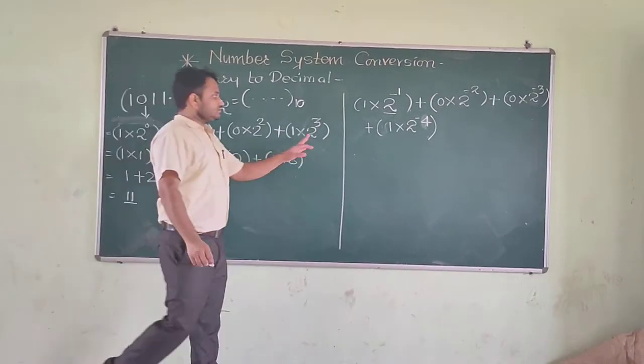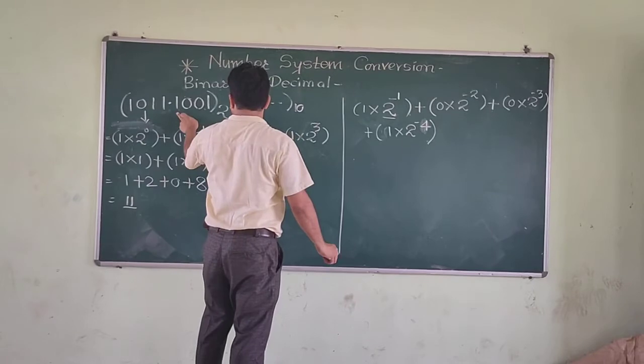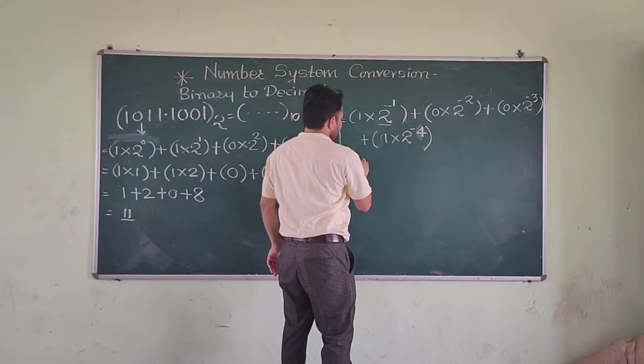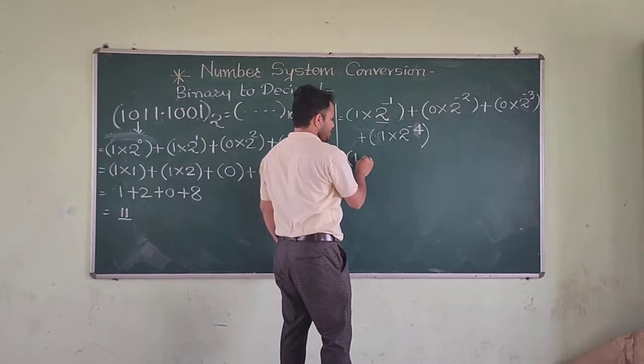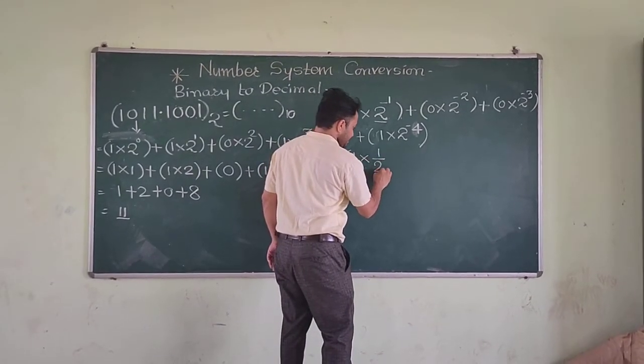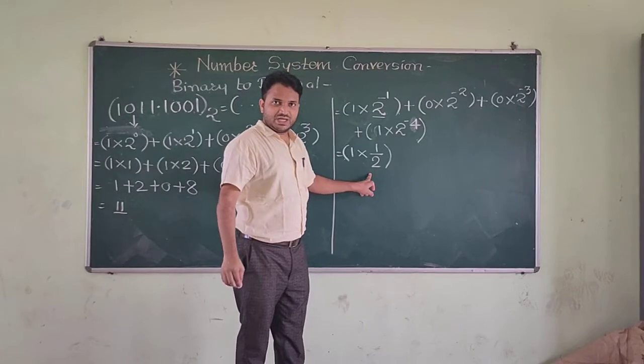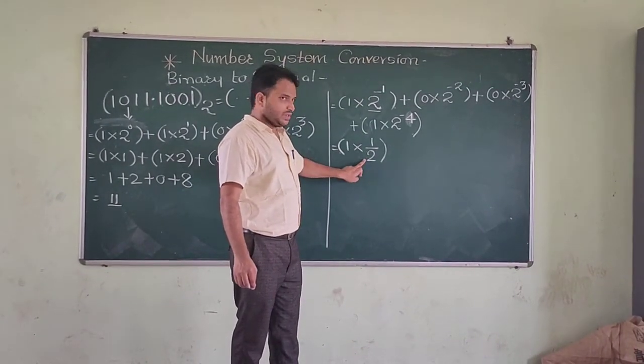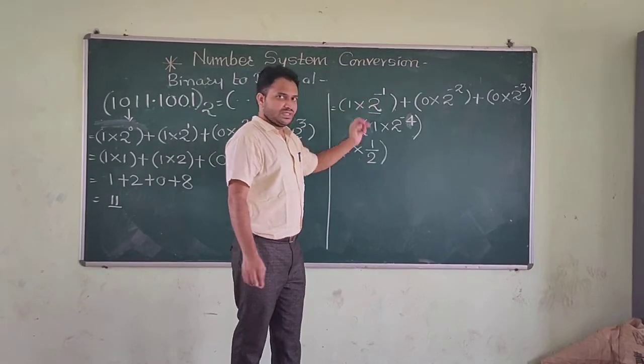Now we have to find the answer for this part 1001. So now just solve this. 1 into 2 raised to minus 1 will be written like this. हे आपण असंही लिहू शकतो. ओके, हेच म्हणजे हे आहे. आपण एकतर 1 upon 2 लिहू शकतो किंवा 2 raised to minus 1 लिहू शकतो.